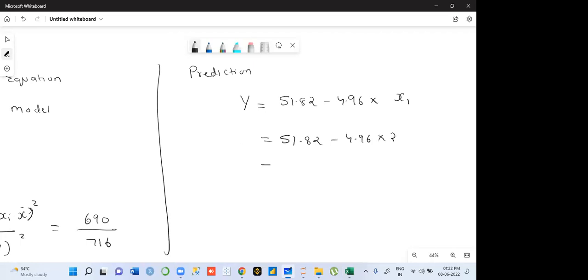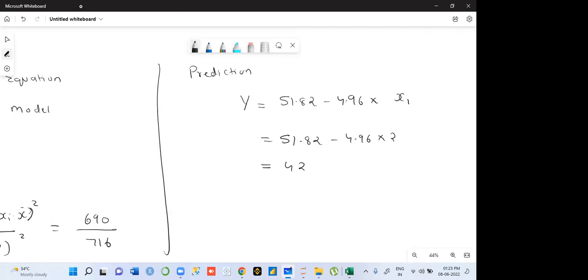Tell me what is the answer we get? 41.9. Can we round off to 42, if I ignore decimal?